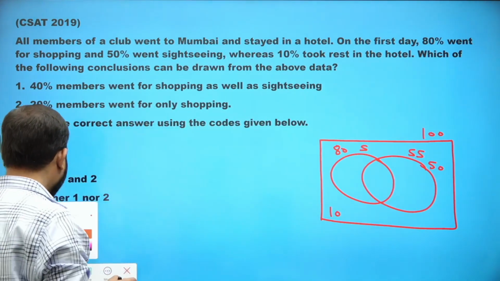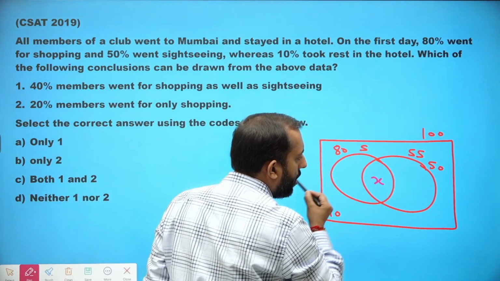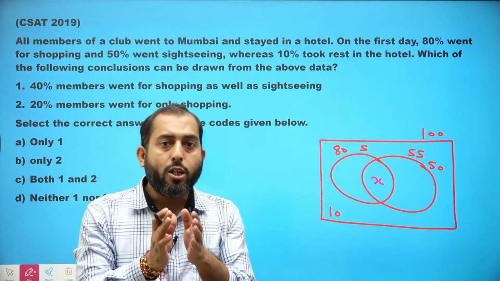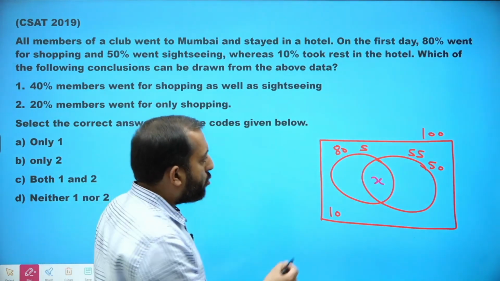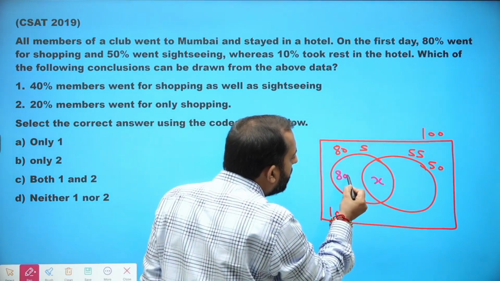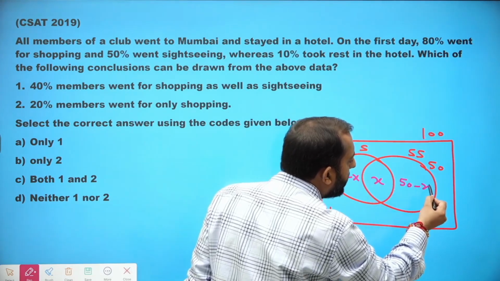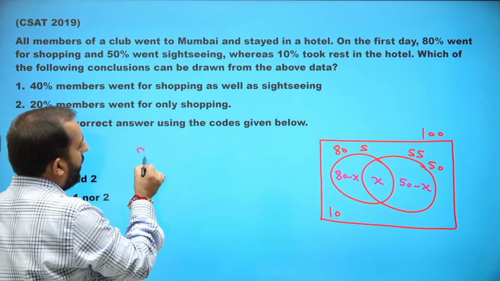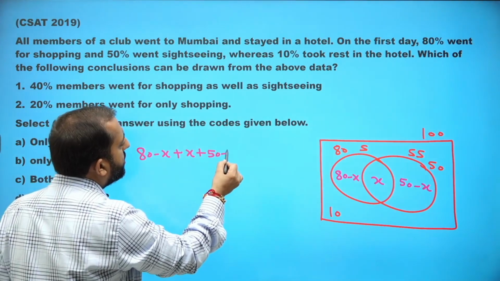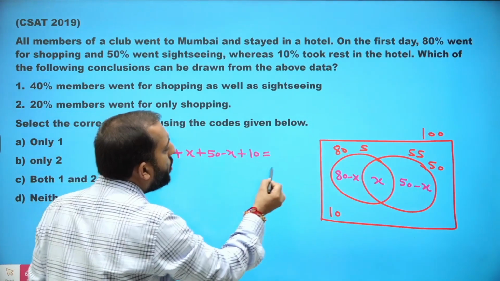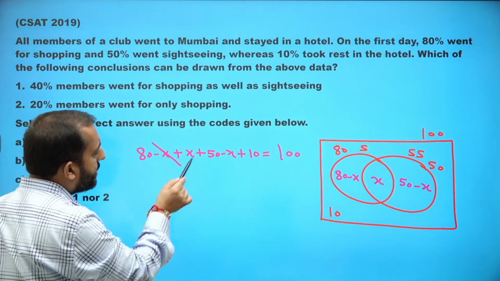So let's say this portion X represents those people who went for shopping as well as sightseeing. So the only shopping portion is 80 minus X, and the only sightseeing portion is 50 minus X. Now 80 minus X plus 50 minus X plus this 10 will give me the total, which is 100. From here, this X got cancelled out.